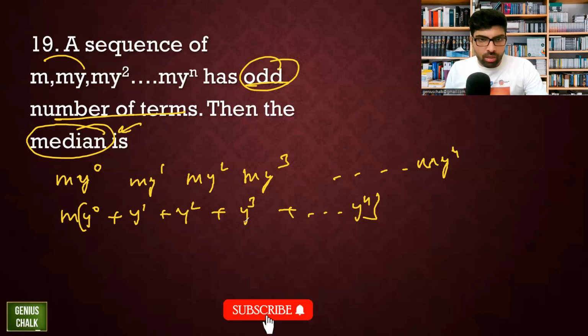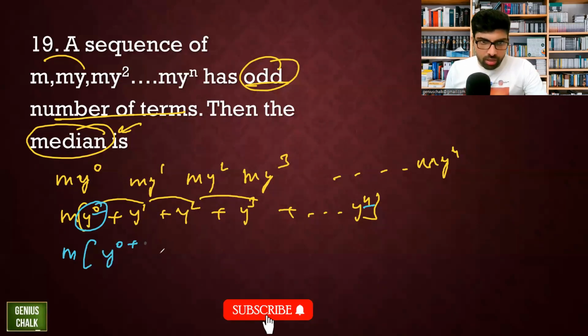You can see this power is increased by 1 every time. That means this is an AP, with the same difference: 1 plus 2 plus 3. I can write it like 0 plus 1 plus 2 plus 3 up to n.